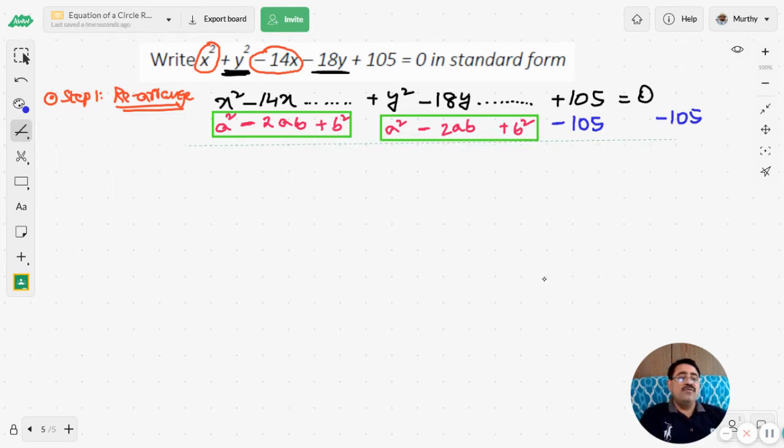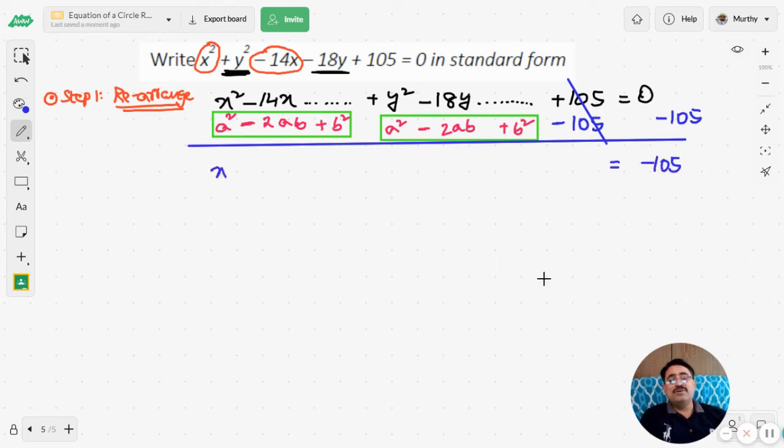Then what will I get means after the cancellation of these two, I'll get that negative 105 equals to x square minus, let me try to write in this format.